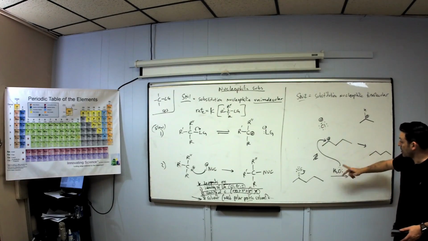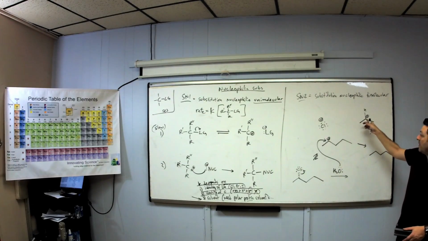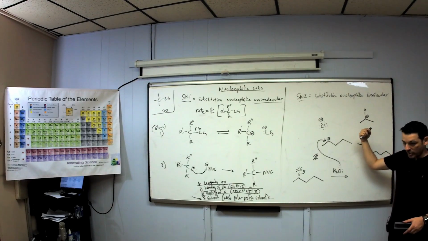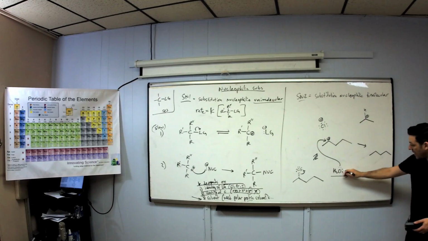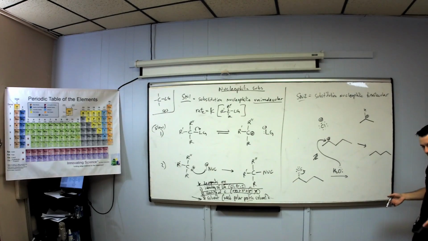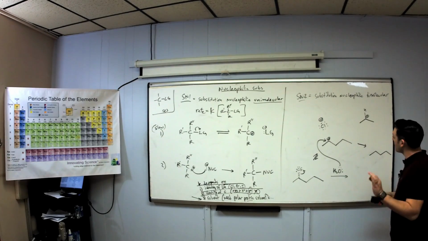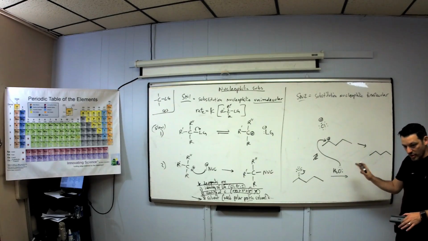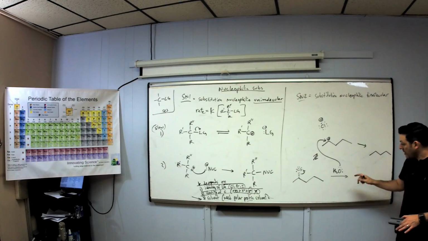The nuke, let's say water, could come in from the front and make a bond this way and turn it into a tetrahedron, or come in from the back and turn it into a tetrahedron. So you're going to end up having an oxygen connect to the front on a wedge or the back on a dash. But again, because you just started stereochem, I would ignore that aspect and just find the constitution, deal with the constitution of this.